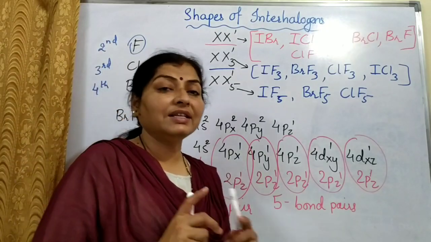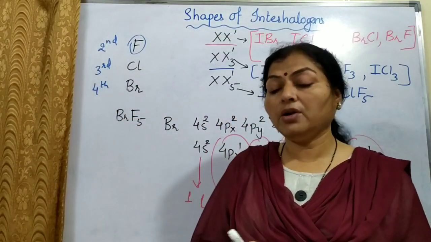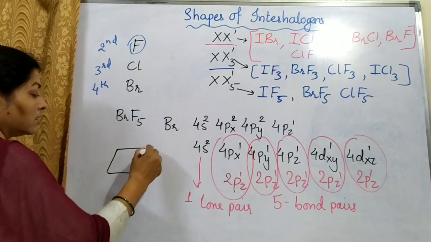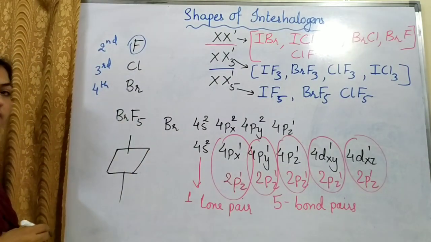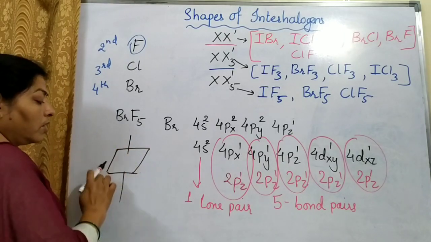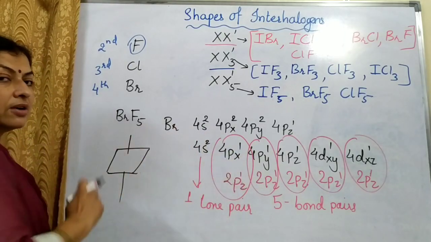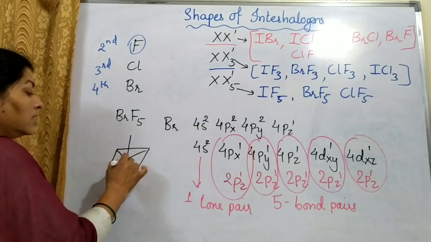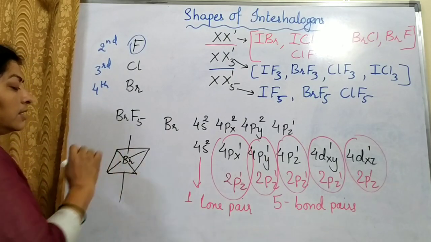So if it is 6 pairs of electrons, the geometry will be octahedral: 4 in the plane, 1 up, 1 down. So 4 corners, 5 and 6. So 6 pairs of electrons will get arranged in this pattern. Now in this case, Br is the central atom.